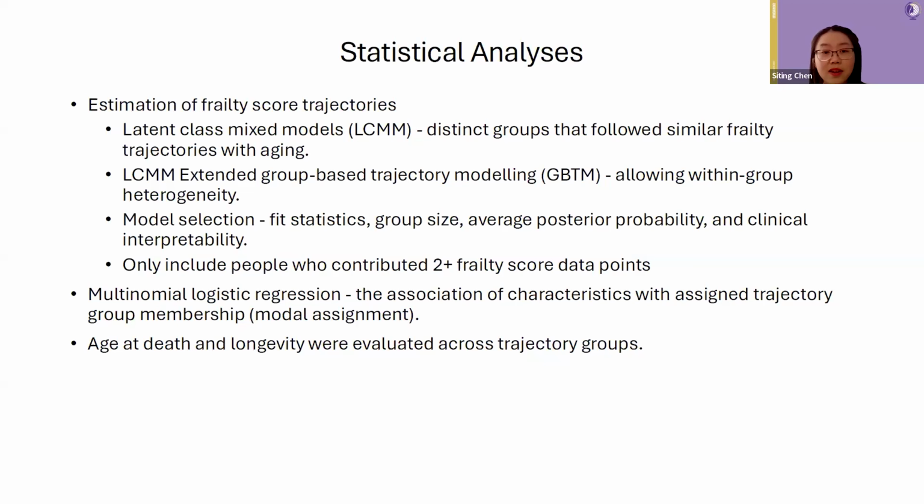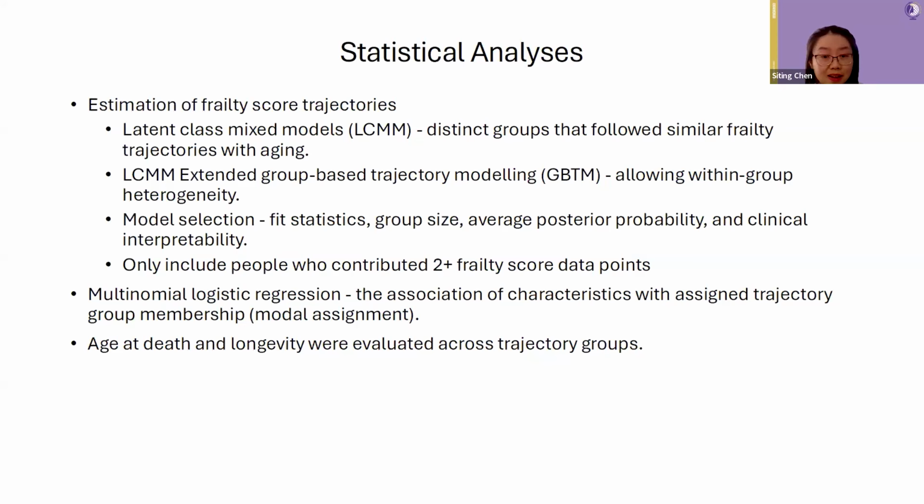Once we identified these trajectory groups, we used multinomial logistic regression to examine how individual characteristics were associated with membership in each trajectory group based on their modal assignment, which means the individual will be assigned to the group with the highest probability.